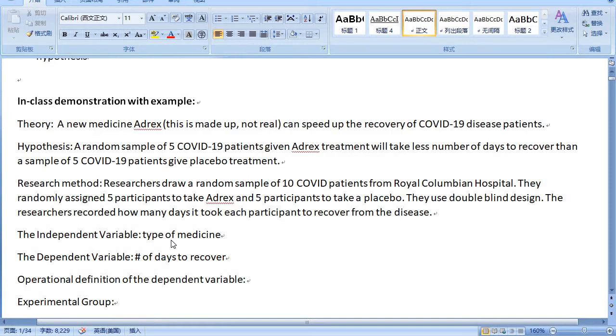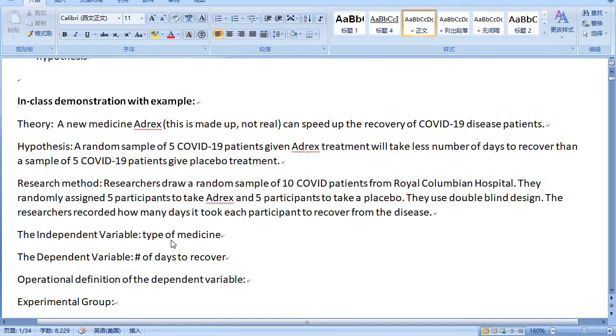My hypothesis is that if I randomly sample 10 people with COVID-19 disease and make this my sample, then if I divide my sample into 2 groups randomly, if I give one group the real medication, which is called reserach, and then give the other group the placebo.